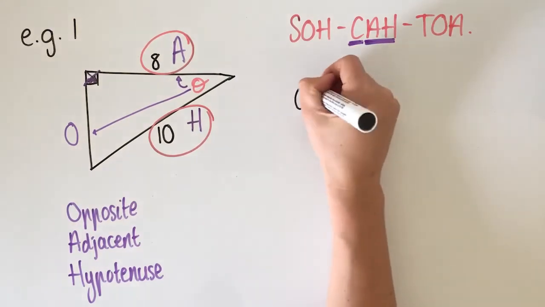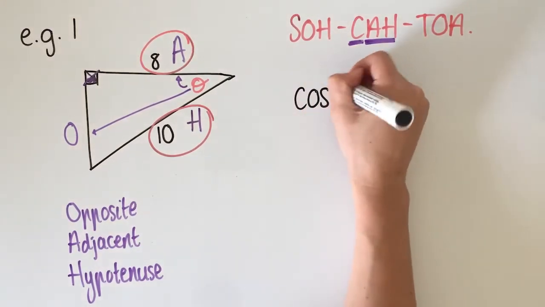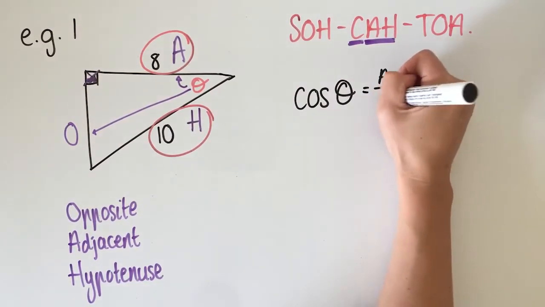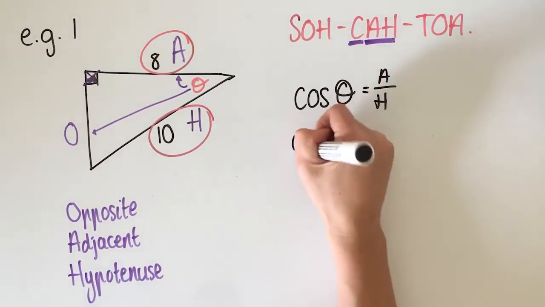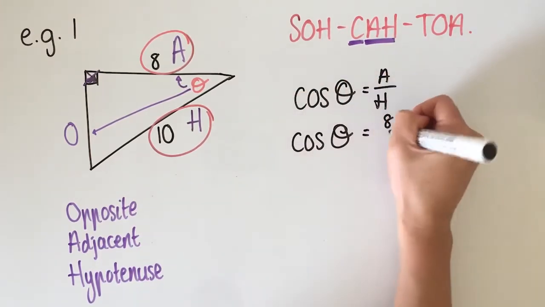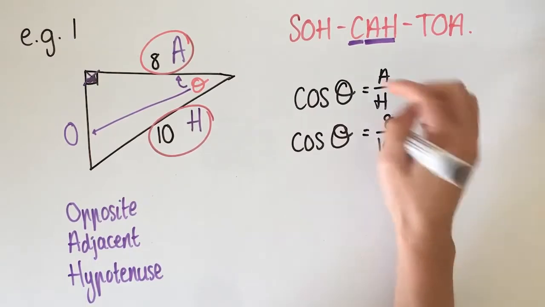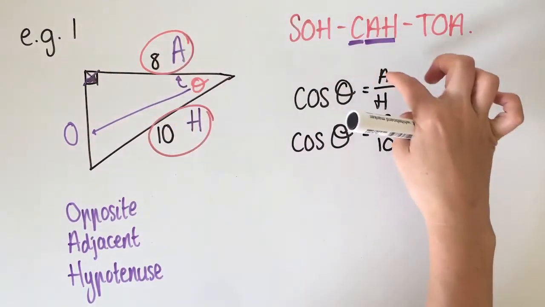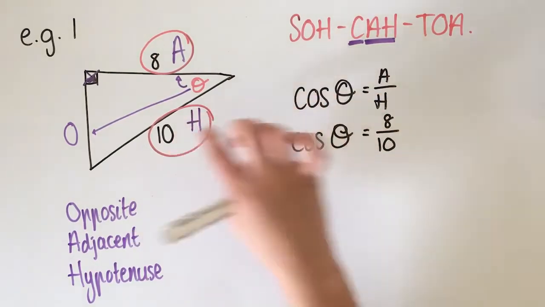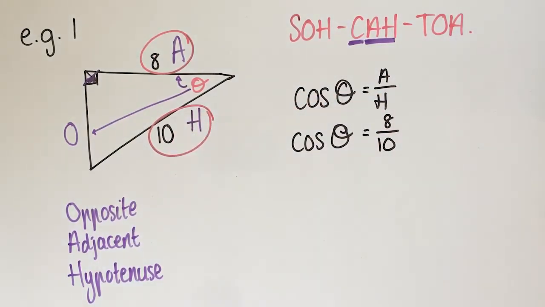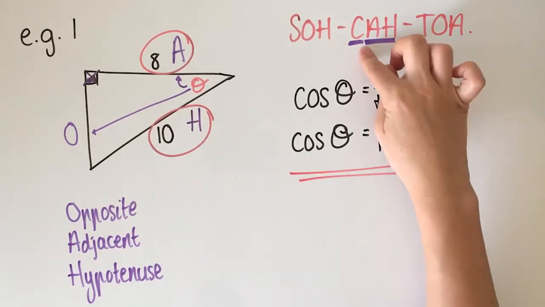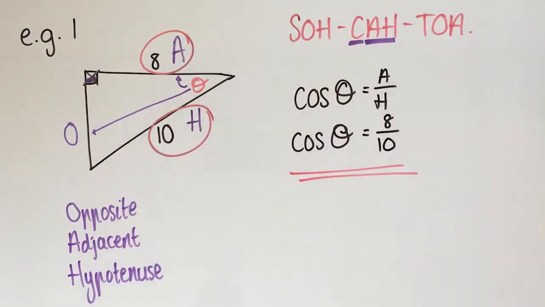So the option I'm going to make this time is cos of an angle is going to be A over H, and cos of this angle is going to be 8 over 10 because A is 8. So I've changed A to 8 and I've changed H to 10. And so I've chosen the right ratio and I've filled out the right numbers.